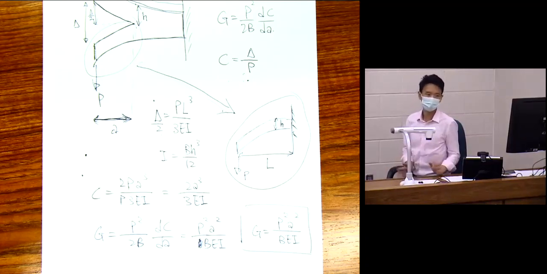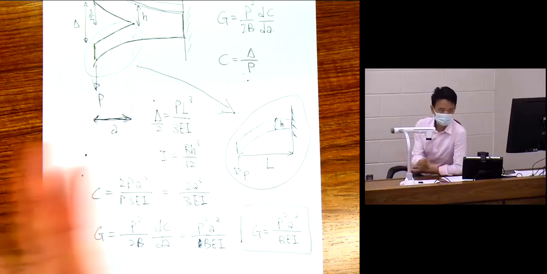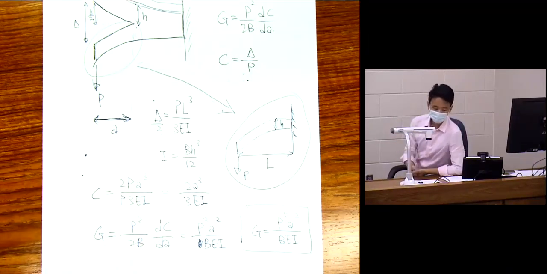Again, you see that we have to apply some linear elastic analysis to calculate the energy release rate, because we need to know the stress field or the deformation field. In this case, we can use simple beam theory. In most general situations, you need to solve a complex problem with complex geometry. We use finite element analysis, okay?